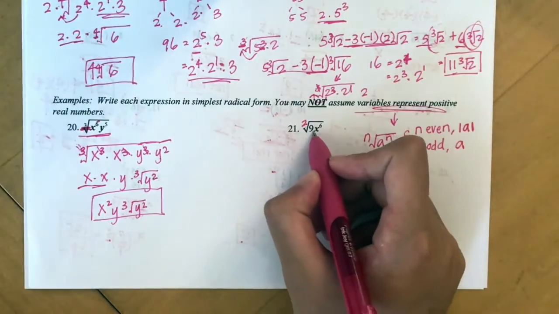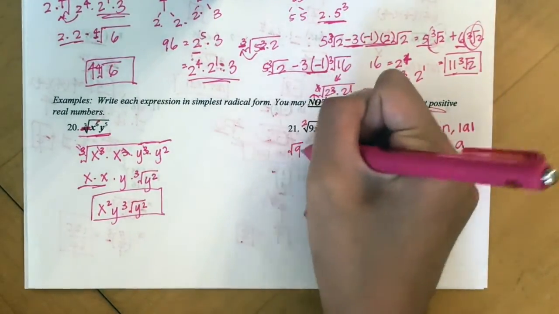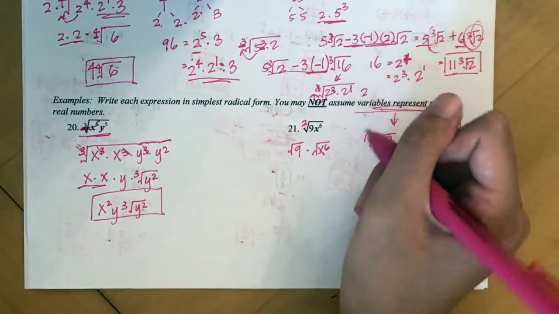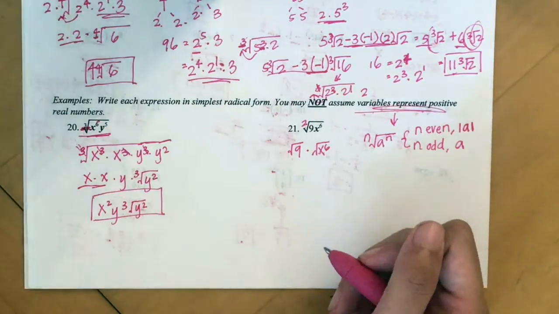So we can separate this into square root of 9 times square root of x to the 6th. If you look on the first page, it's radical rule number 5.